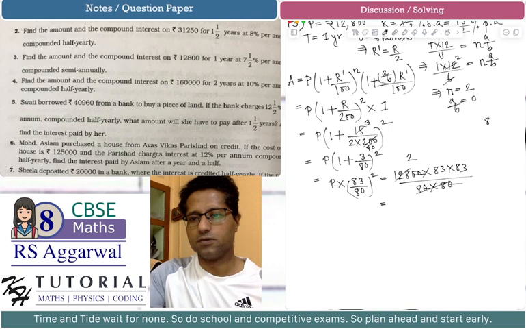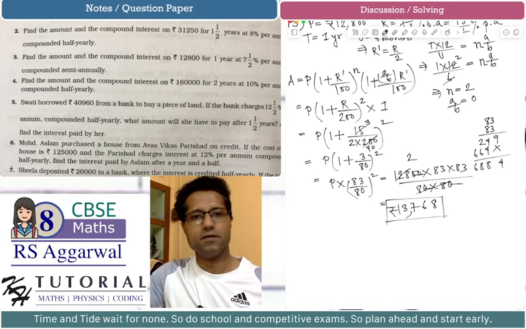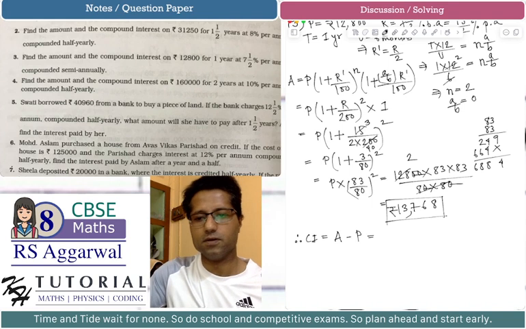So what is 83 square? 9, 24, 24, 66, 6884 multiplied by 2, which is 13,768. So the amount is rupees 13,768. Therefore, compound interest is equal to amount minus principal.